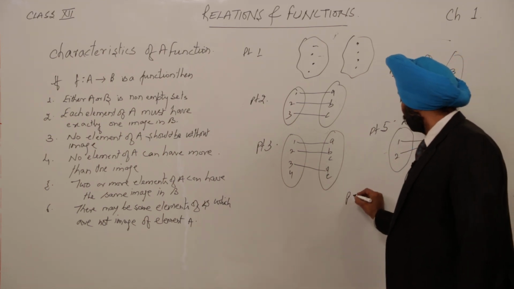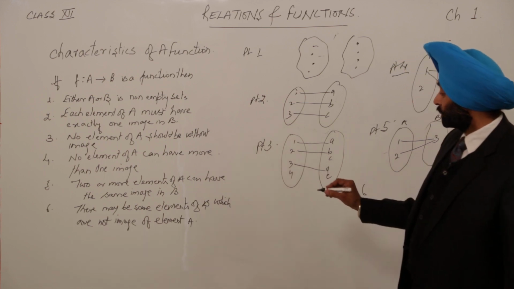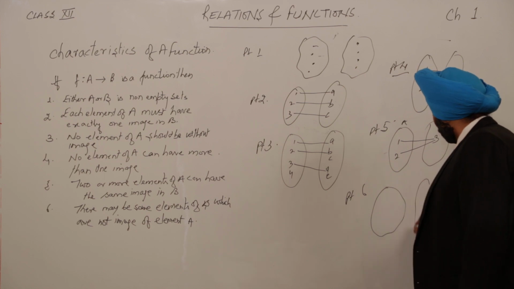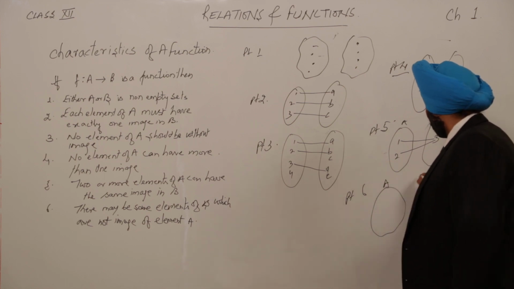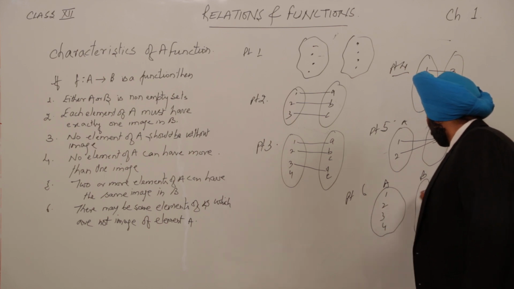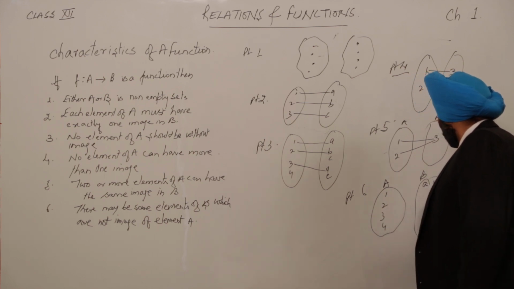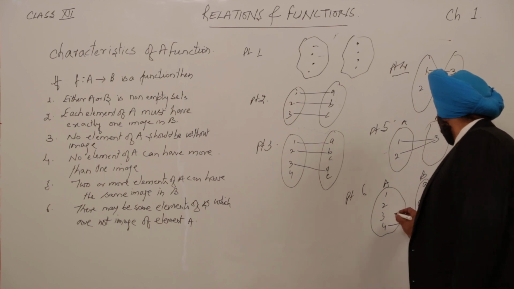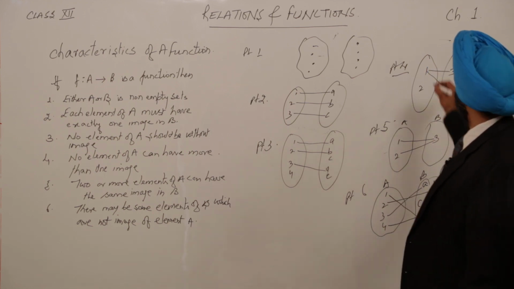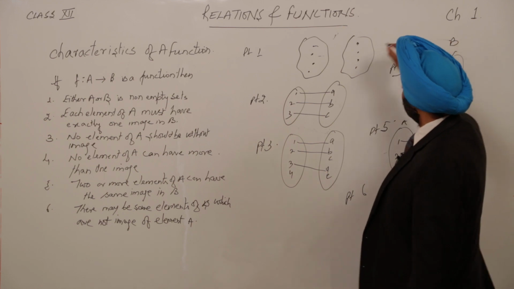And point 6, there may be some elements of B which are not an image of A. A, B, 1, 2, 3, 4, A, B, C, D, E, F, G. Now let's move 4 with E, like this one. Now this is the thing, our points are there.